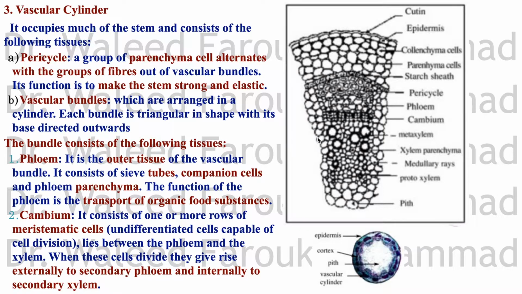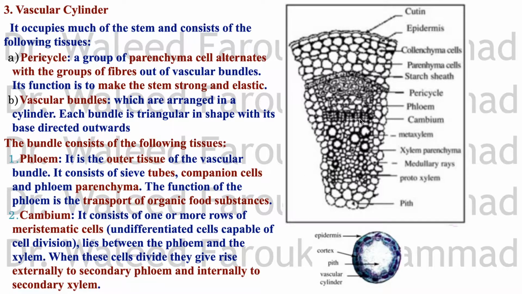The function of the phloem is to transport organic substances from the leaves to the other parts of the plant in all directions, either upwards or downwards.